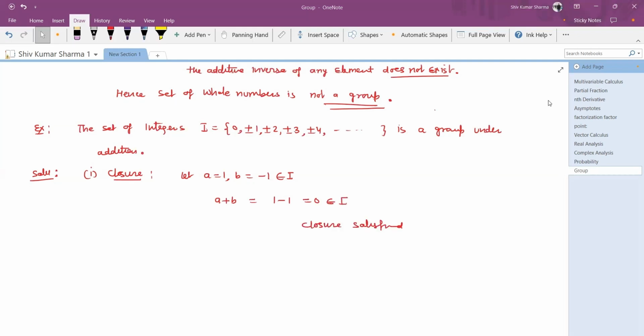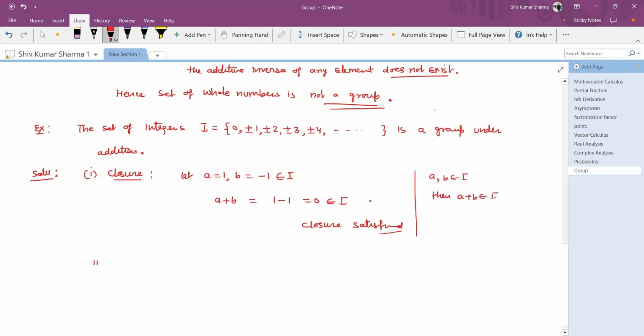This 0 also belongs to I. So the closure property is satisfied. When we take any two elements from the set of integers, the property is satisfied. If A and B are both taken from I, then A plus B also belongs to I.